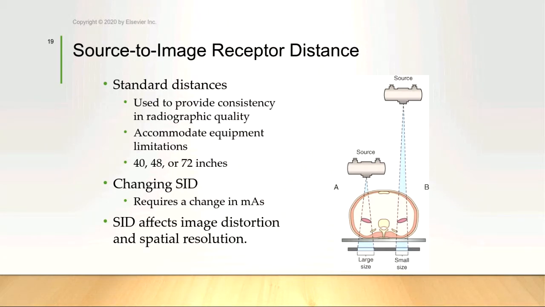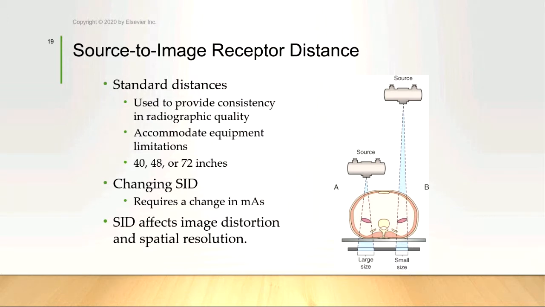It helps to accommodate for any equipment limitations, and typically those standard SIDs are 40 inches, 48 inches, or 72 inches. And again, anytime you change your SID, you should alter your mAs value, because if you don't, you're either going to under or overexpose your patient, okay?